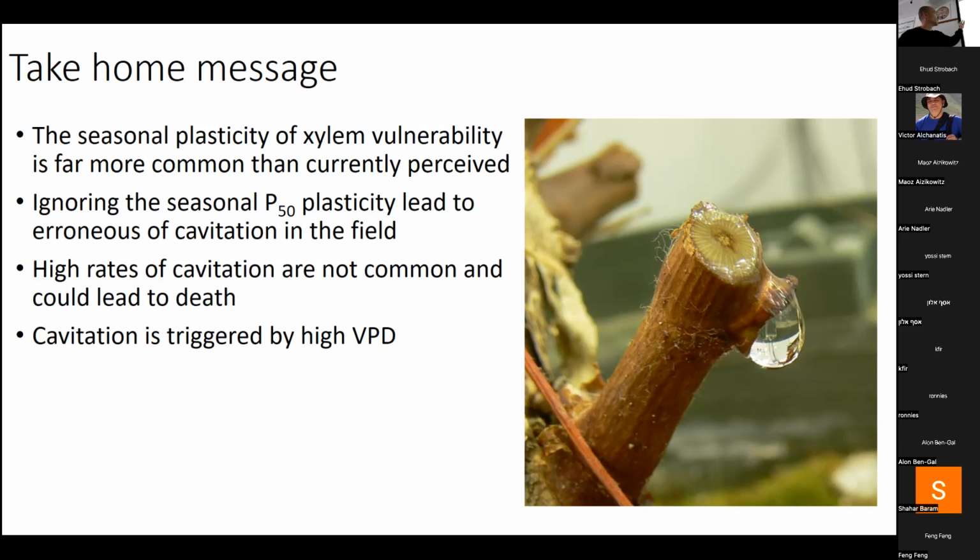If you ignore it, you could conclude that there's a lot more cavitation than there actually is. We don't think that high rates of cavitation are common. It might happen in years of exceptionally high VPD, for example, in dry areas.